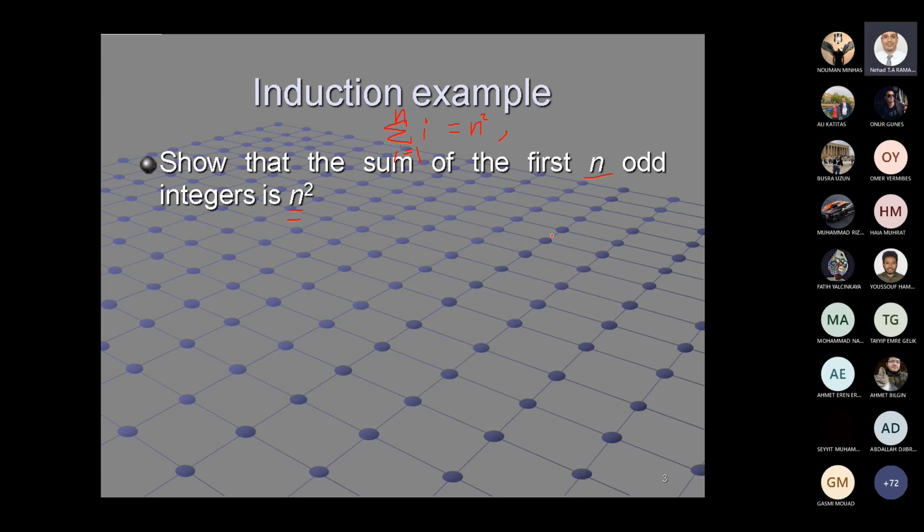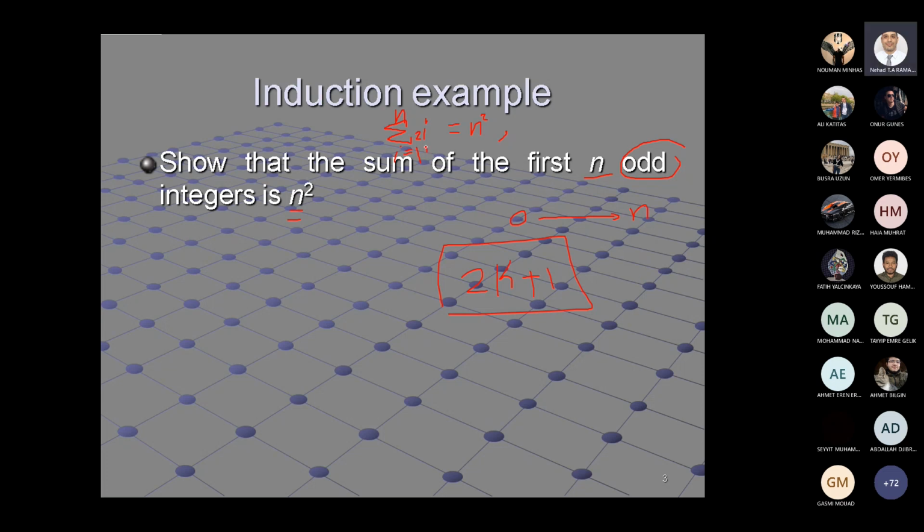You know when a number is odd? When we have 2k plus 1 or minus 1. What's the general form for the odd? 2k plus 1, yes? This is the general form for the odd if we take the numbers from 0 to n.